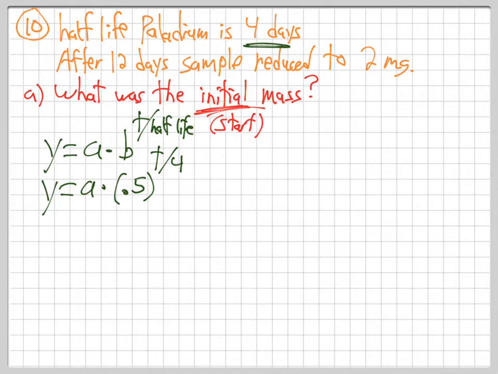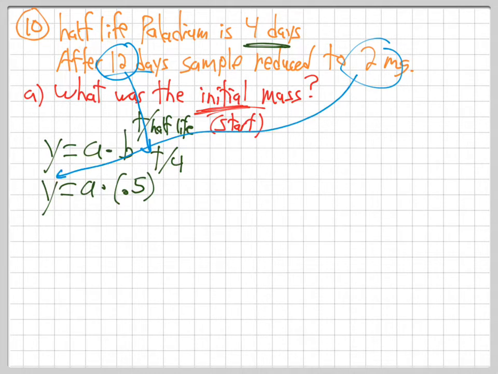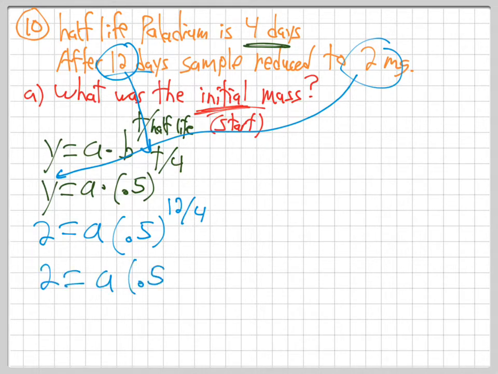Now they're telling us that after 12 days, so when t is 12, the amount was 2 milligrams. So 2 equals whatever the starting amount is times 0.5 to the t, 12 over 4. So that means 2 equals a times 0.5 to the 3. 12 divided by 4 is 3.